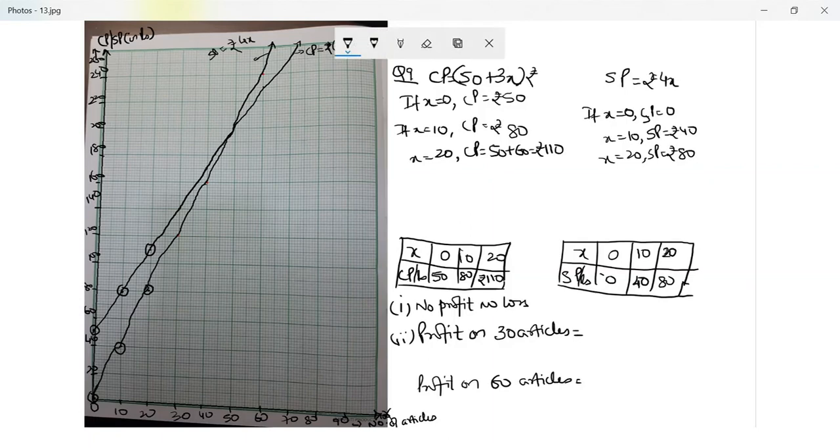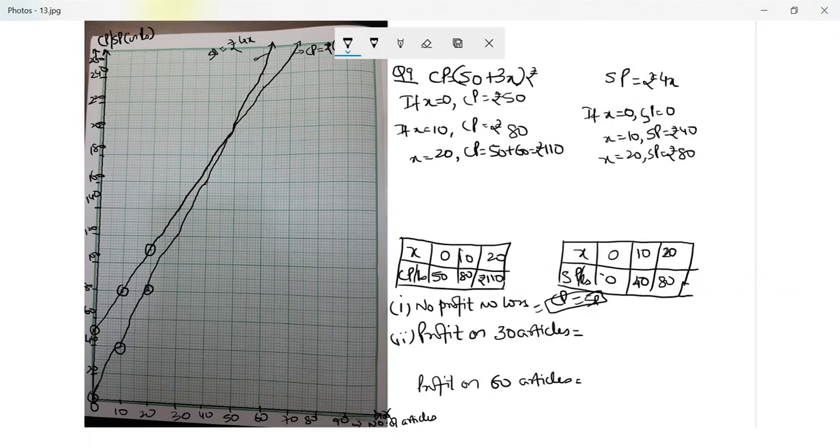Now let's see what are the questions that they want. They're saying number of articles to be manufactured and sold to break even, which means there is no profit and no loss. So no profit, no loss means cost price is equal to selling price. In this case, where do these two lines meet? That will be the cost price is equal to selling price.